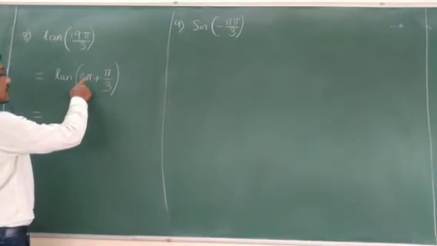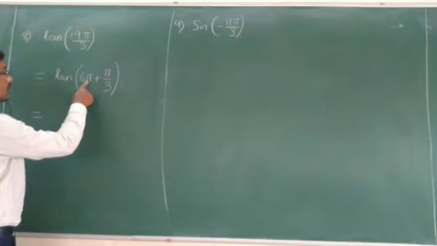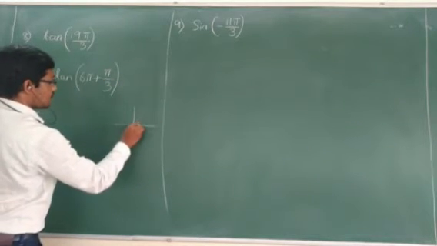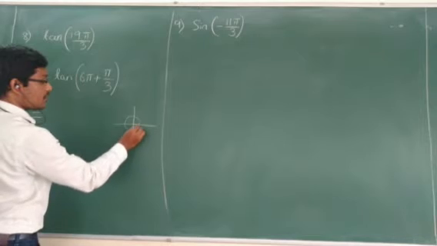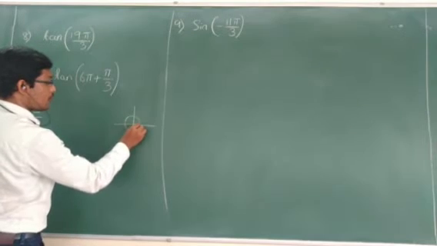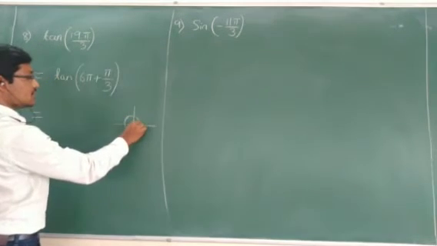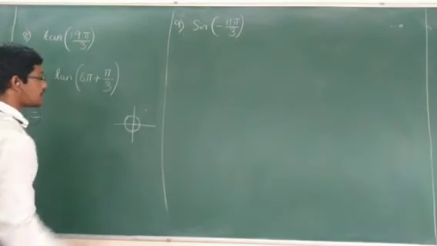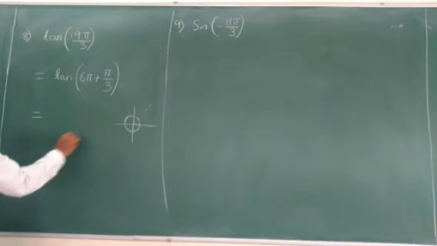Again, this will make 3 complete revolutions plus pi by 3. So, this is one revolution 2 pi, one more revolution 4 pi, one more revolution 6 pi plus pi by 3. So, you will get in the first quadrant.